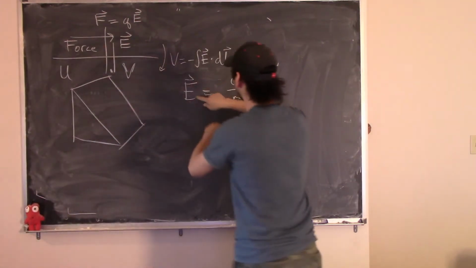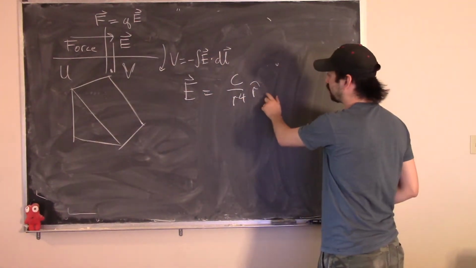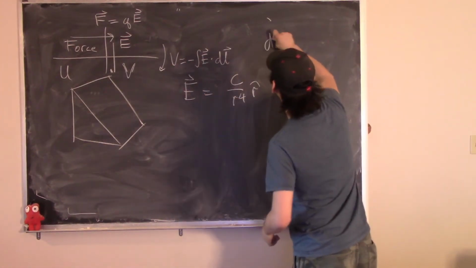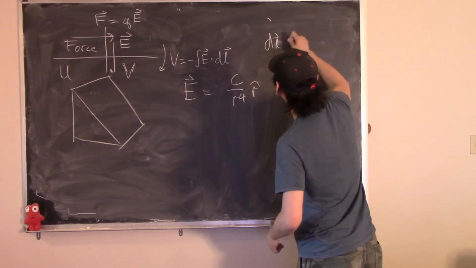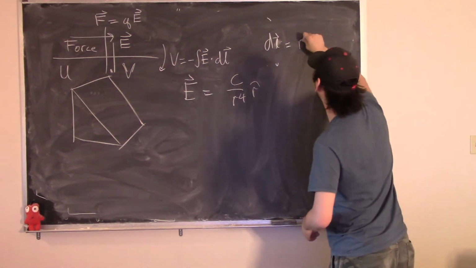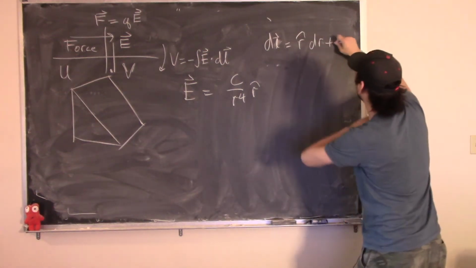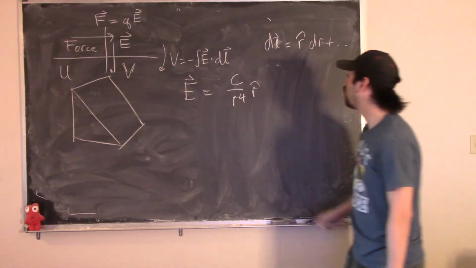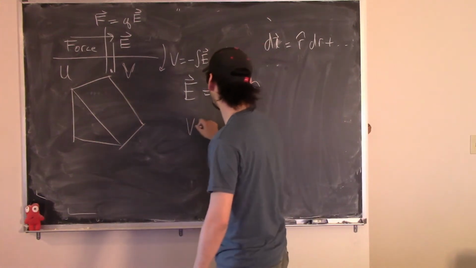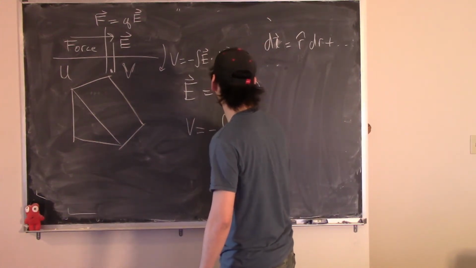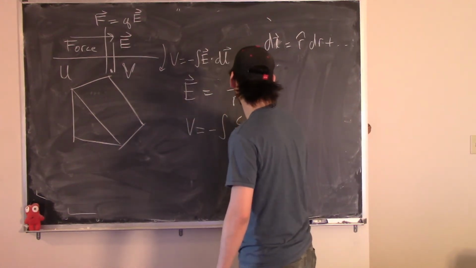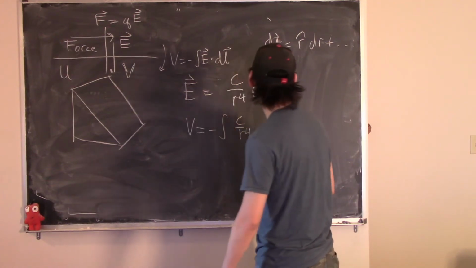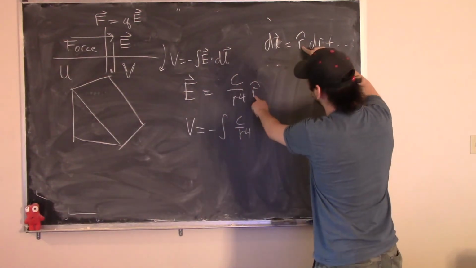Again, noticing that this is a function of r, and it points in the r hat direction. So the dl that we're interested in here is going to be r hat dr, and then in general plus some theta hat term here. We know that's going to be 0 when we take the dot product. And so V is equal to the negative integral of c divided by r to the 4th. When we take the dot product between these, that gives me 1.